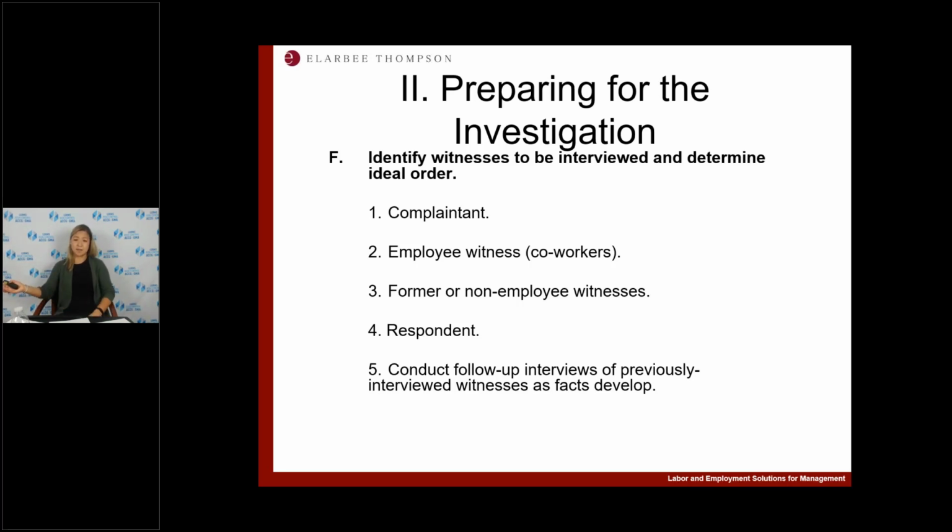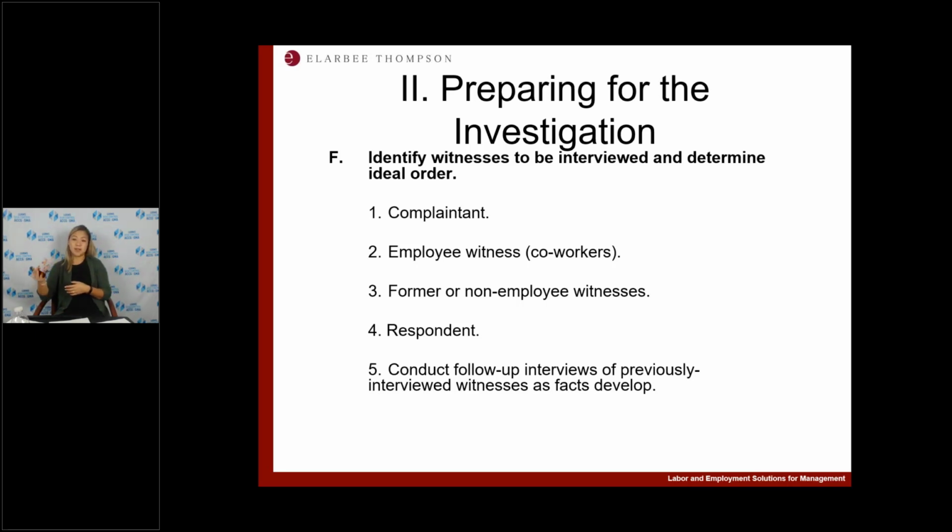But most of the time I leave the respondent till the end, because that way you can hear a theoretically impartial third party's take on what happened before hearing what the respondent said. Otherwise you just get a he said, she said, with a complainant with one version and a respondent with the other, and you're not quite sure what's in between.